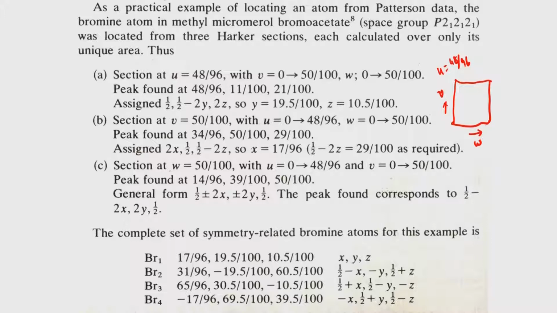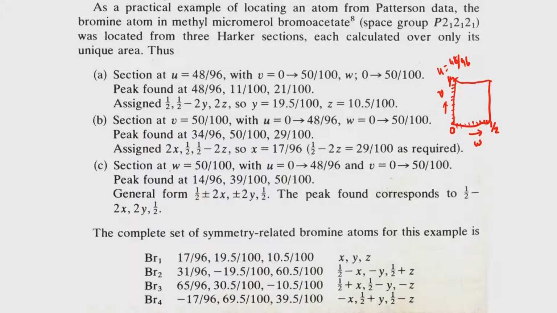So we now go along the v direction. We go up to half, which represents 50 by 100. You go here again to half, which represents 50 by 100. Now you compute the Patterson value at every 0.1, let us say, just to give you an example, or every 0.05. So you get several points along the w direction and several points along the v direction.